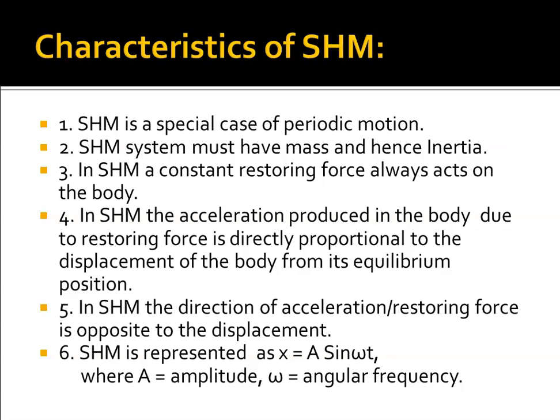So there are some characteristics of the simple harmonic motion. Let us see one by one. The first characteristic is that simple harmonic motion is a special case of periodic motion. What is the difference between periodic motion and simple harmonic motion? The needle of a clock rotates at equal intervals of time. Am I right? For every 1 hour, the small needle is going to have one complete revolution.